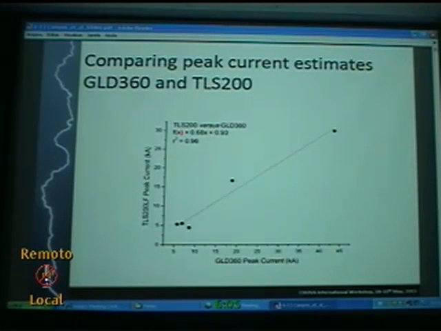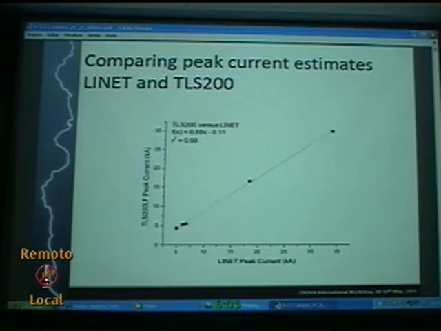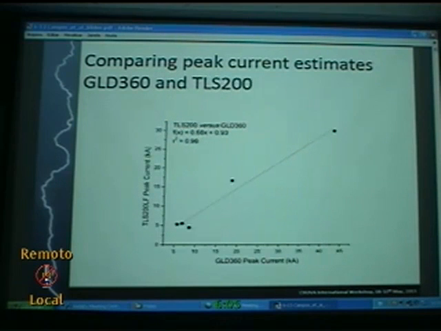GLD 360 and TLS 200, again, this is the lowest R squared of all the correlations we made, but still it seems to be closely related, but GLD 360 seems to overestimate a little, as we have a 0.68 factor here. And finally, GLD 360 and LINET. Again, high R squared and a little lower linear factor if we compare to the LINET and TLS 200 factor.